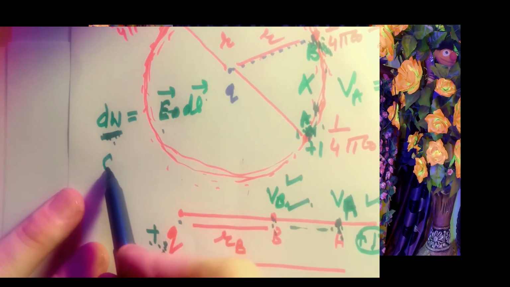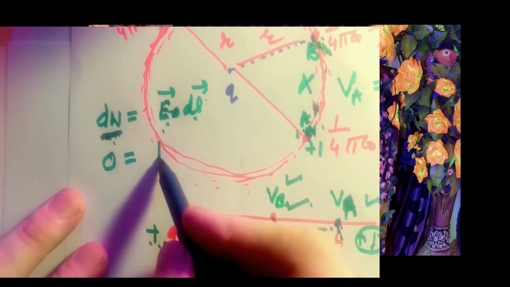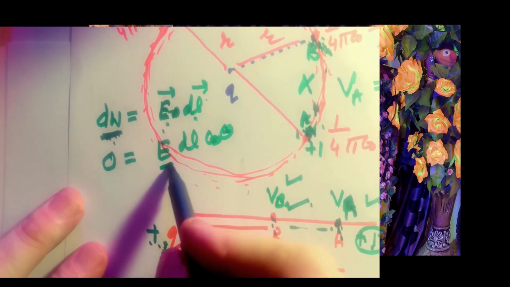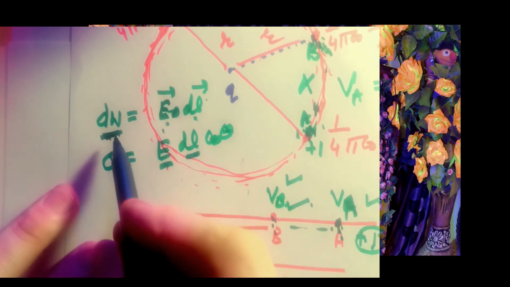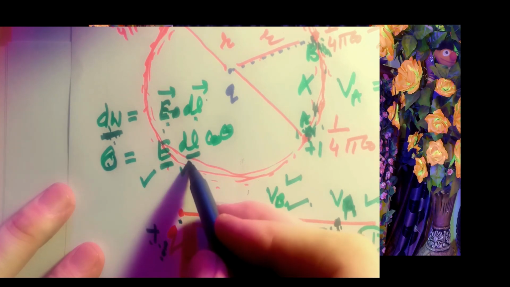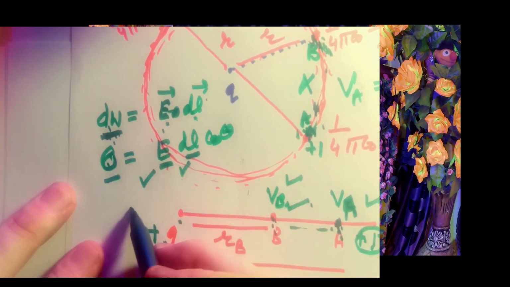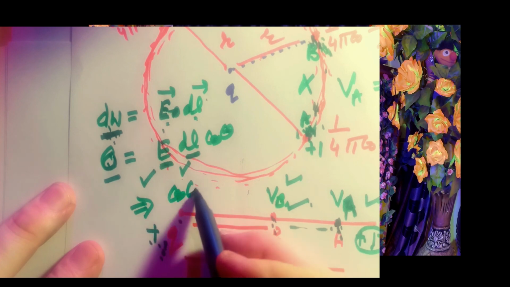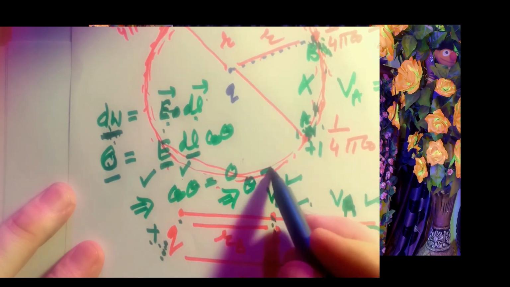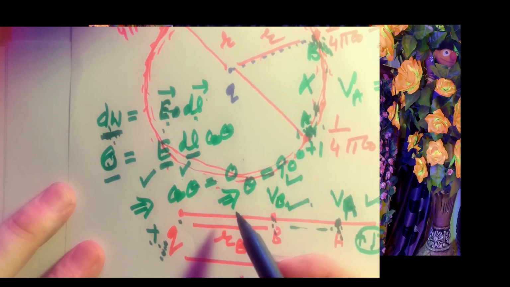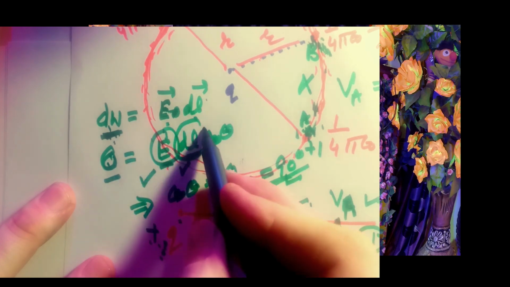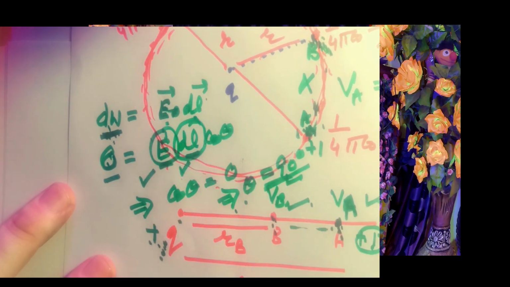If the work done is 0, you know E dot dl means E dl cos theta. What is theta? Theta is the angle between E and dl. If there is E, there is dl, but work is 0, implies what? Cos theta equals 0 implies theta equals 90. It means the angle between E and dl will be 90 degrees on the equipotential surface.